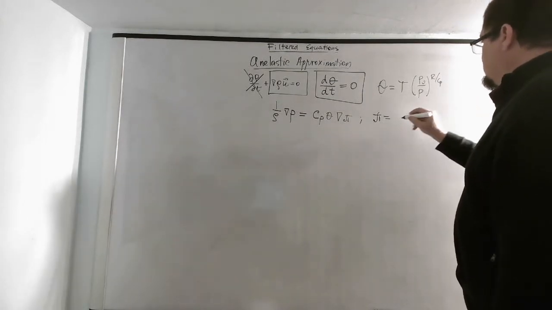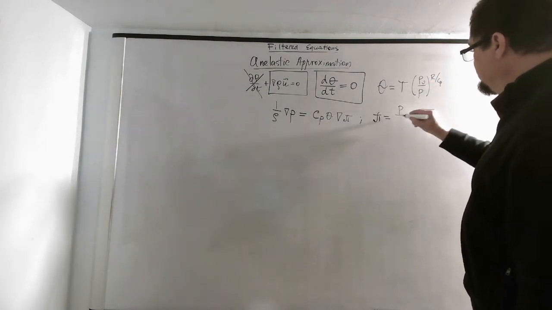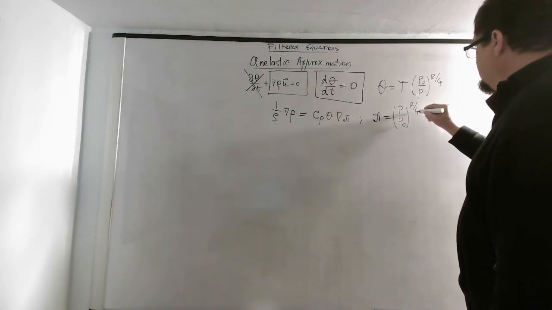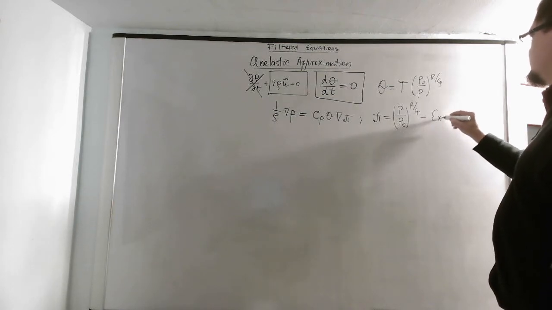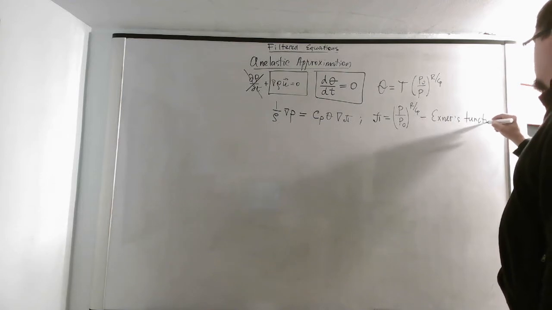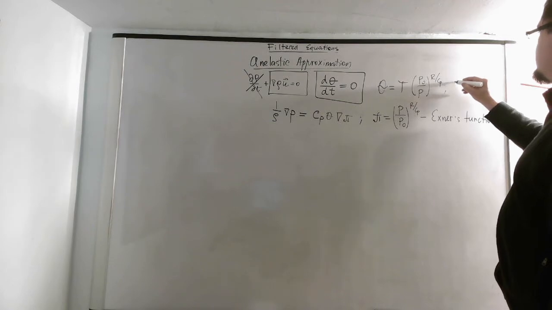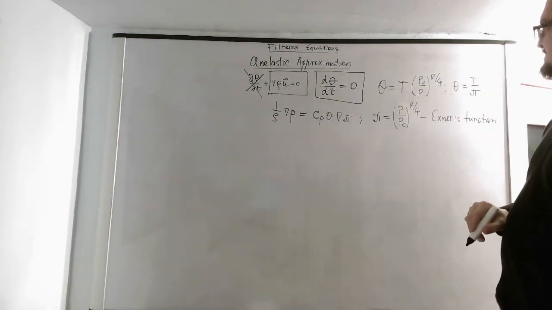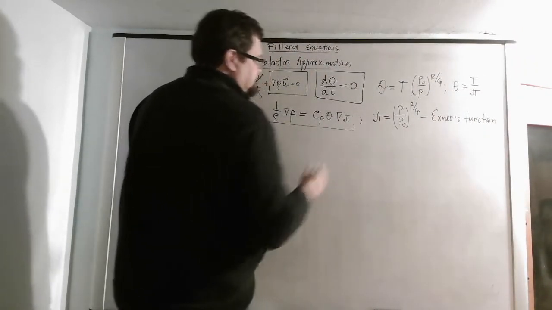And then we basically declare this function, but kind of reversed, P over P naught to the power R over Cp, and it's called the Exner function. So with the Exner function you write that theta equals T divided by pi. So your pressure gradient can be written like that.